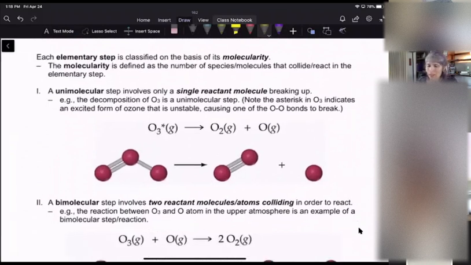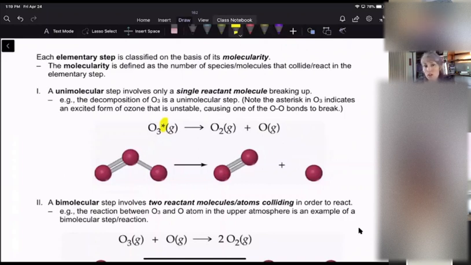All right, as we look at the elementary steps, we're going to talk about the molecularity. So that's the number of things that come together to make that happen. So in the case of this ozone just decomposing, and then the asterisk, of course, this is showing us that it's an excited state. So it doesn't normally just decompose, but maybe in this case it had just absorbed some light and it's about to decompose.